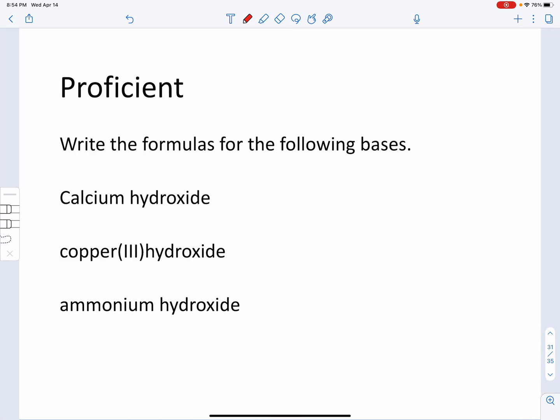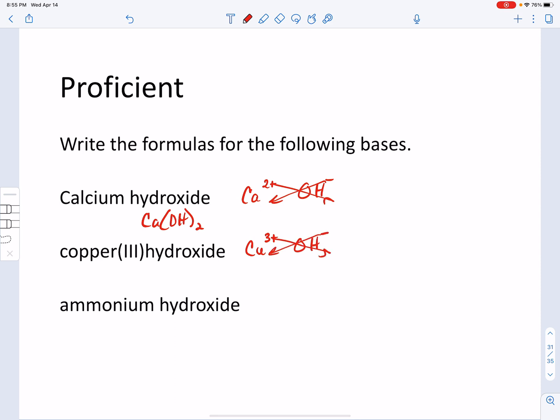Write the formulas for the following. Calcium hydroxide, so calcium, which is a +2, hydroxide, which is a -1. We cross and drop those, we get calcium hydroxide with parentheses around it because we need 2 of those polyatomic ions. Copper(III) hydroxide, copper is a 3+, hydroxide is a -1.